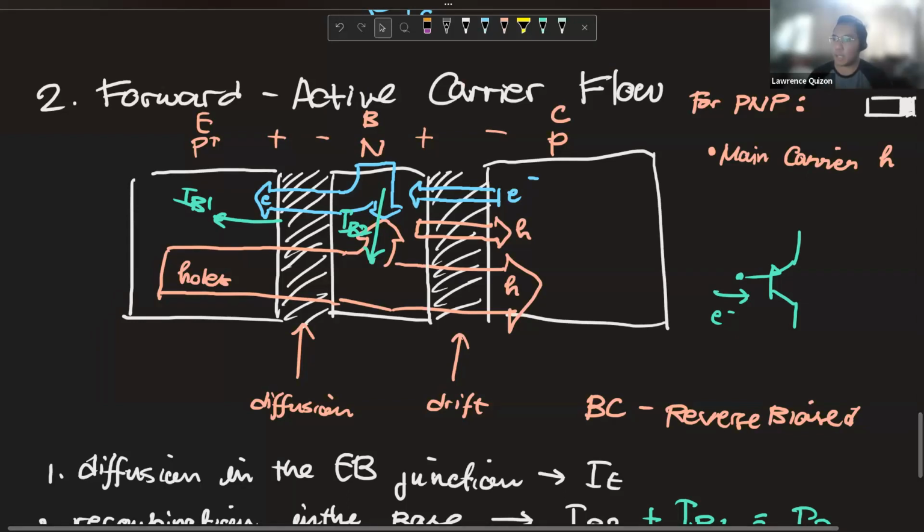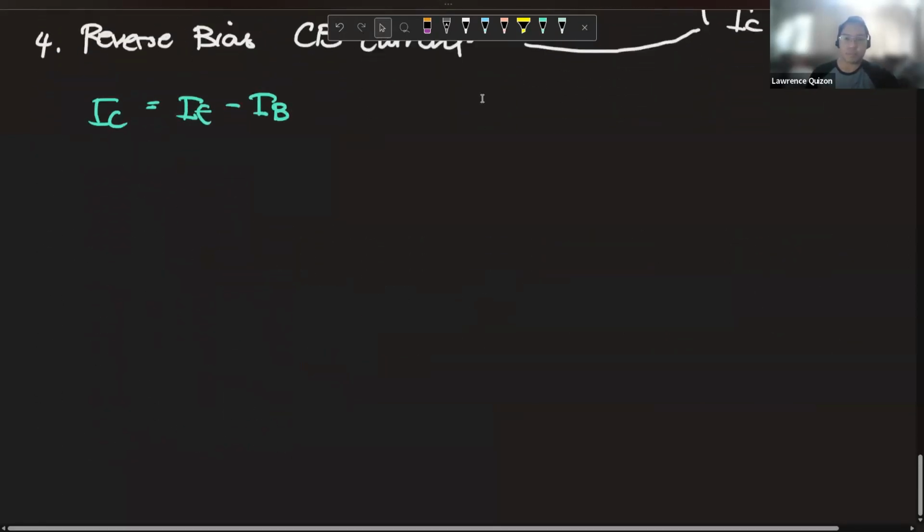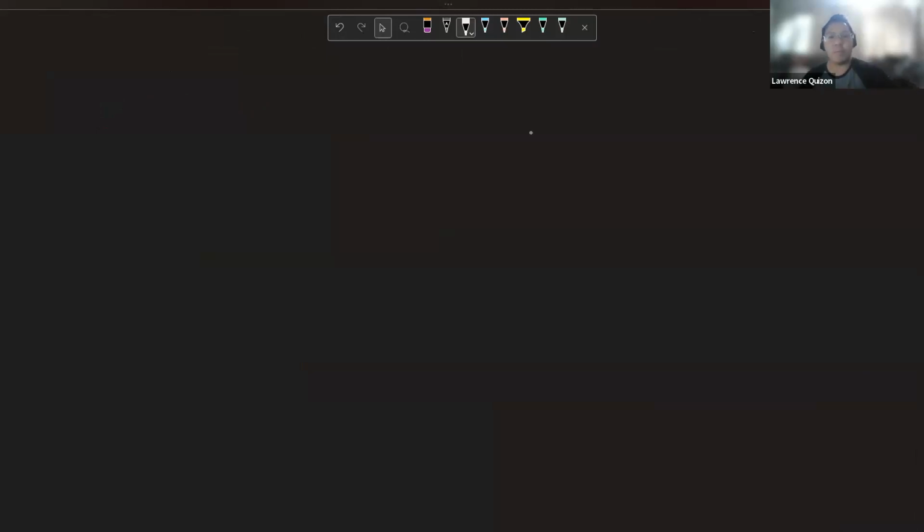Anyone have any questions about the carrier flow? Sige, just to emphasize the point again, let's do it again.